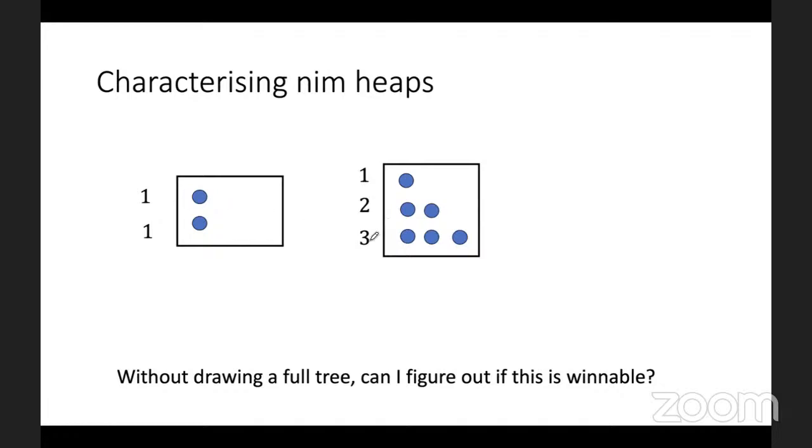Okay. So these are the numbers corresponding to the number of tokens per row. The number of numbers that I have tells me how many rows I have. I go through it bit by bit and I check for parity. So I check whether I have an even number of ones or an odd number of ones.